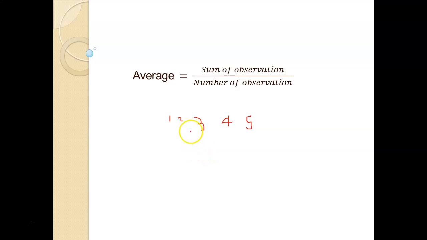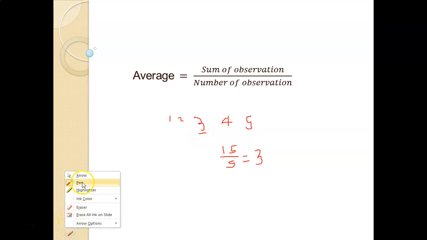The sum of observations, that means the addition of observations, is 1 plus 2 plus 3 plus 4 plus 5, that means 15, divided by the number of observations, which is 5. That is 15 divided by 5, that means 3 is the average. It is also called mean.